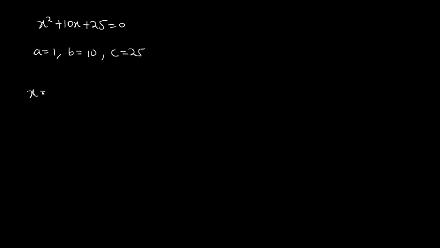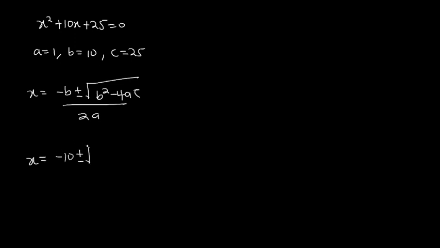So still I'll be using the quadratic formula again. So I have minus b plus or minus the root of b squared minus 4ac all on 2a. So my x is equal to minus b, which is 10 here, plus or minus the root of b squared, which is 10 squared, minus 4 into bracket, my a is 1, my c is 25, all this on 2a, which is 2 times 1.